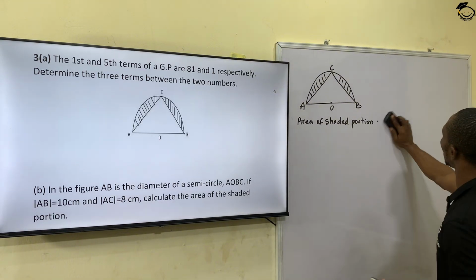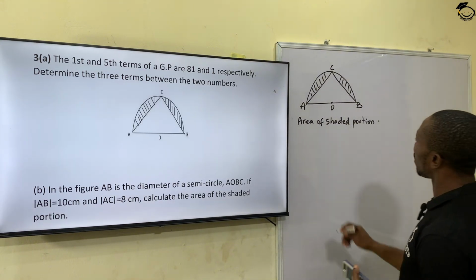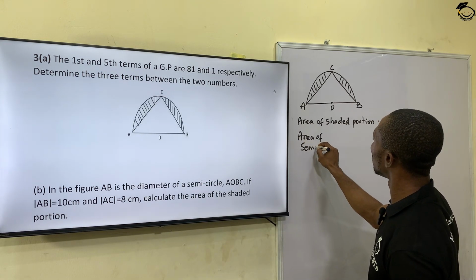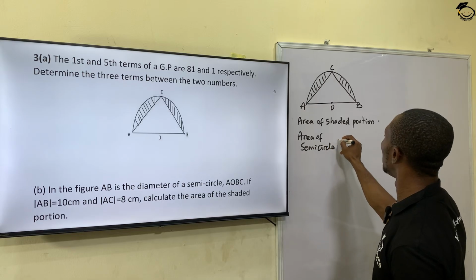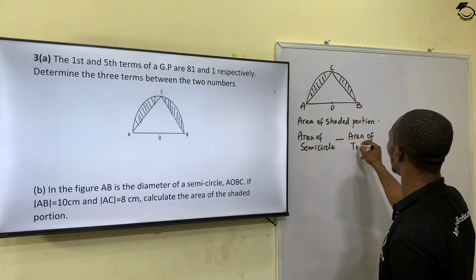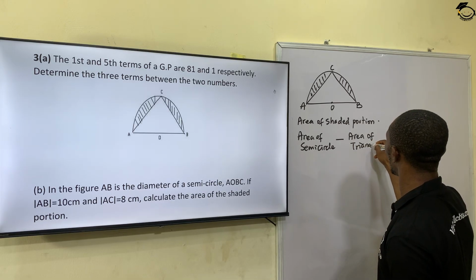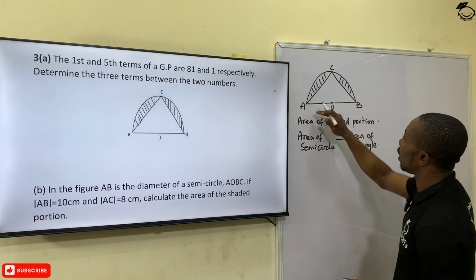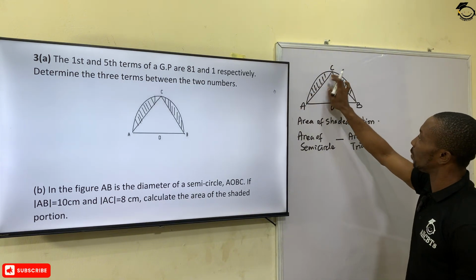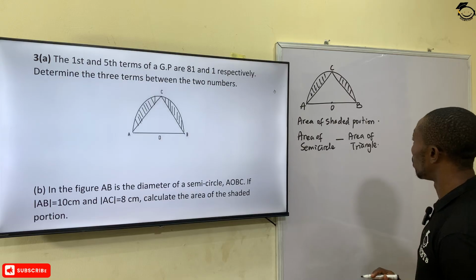Okay, we are having it as area of semicircle minus area of triangle. Area of our semicircle minus area of our triangle will give us the area of our shaded portion.